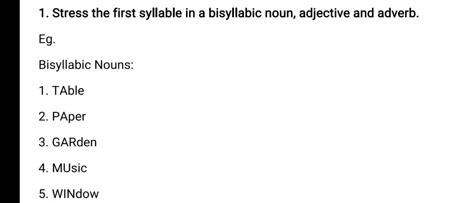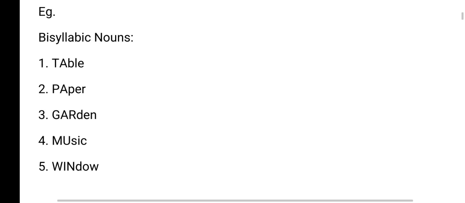No, it is table. Use your hand to draw it. Take your hand up as you pronounce TA, and take your hand down as you pronounce BLE. Table, like a chorister. Table, paper, garden, music, window.